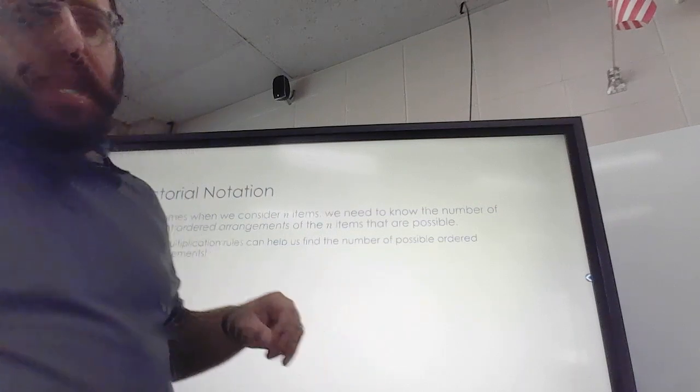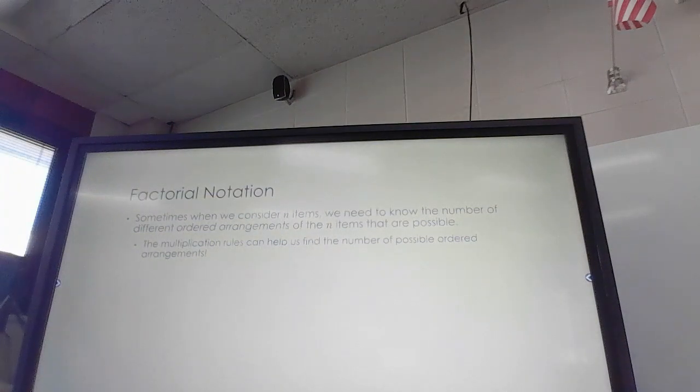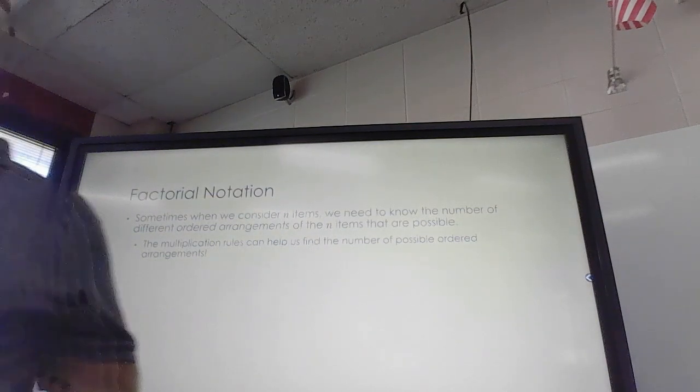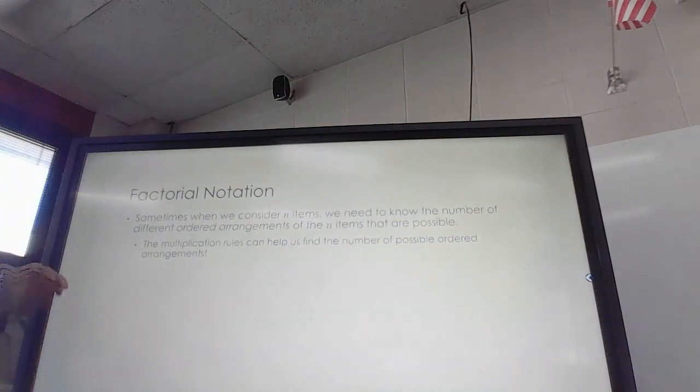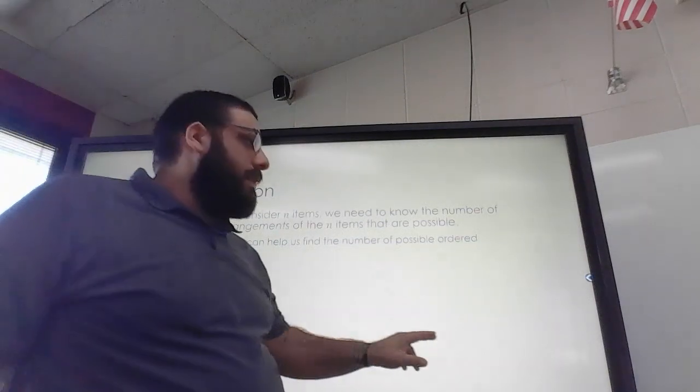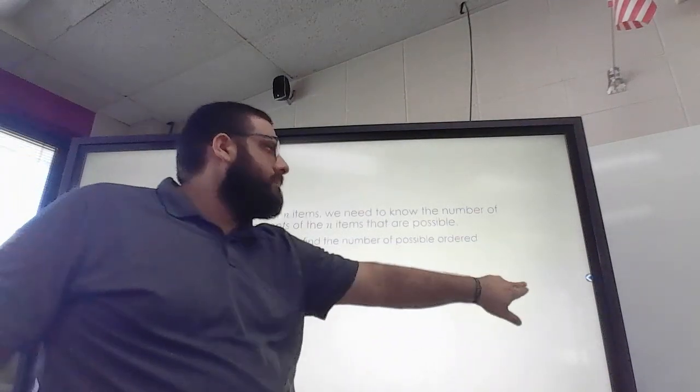So for specific applications, factorials are needed for things like permutations and combinations, right? We'll get to those in a second, but in general, we'll start with factorials to get us into learning how to arrange a certain number of possible items.